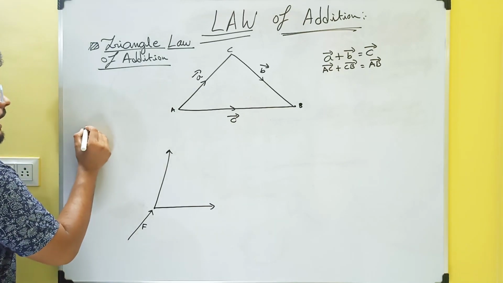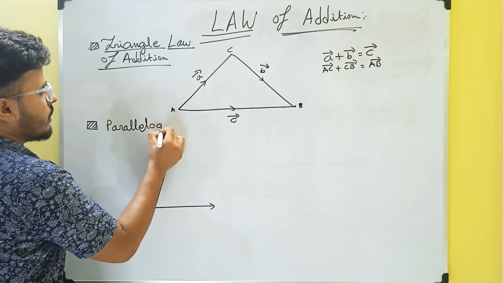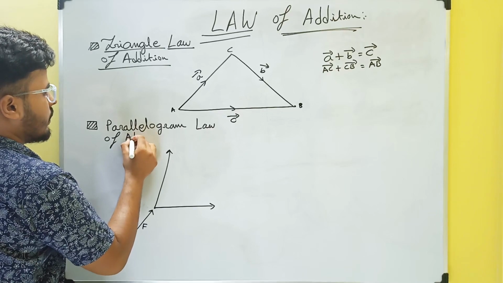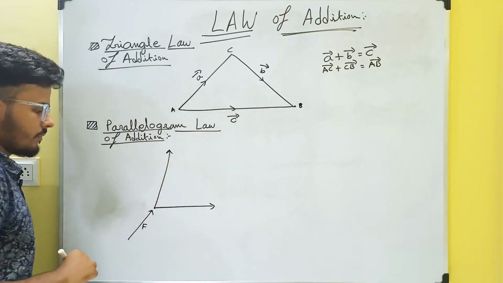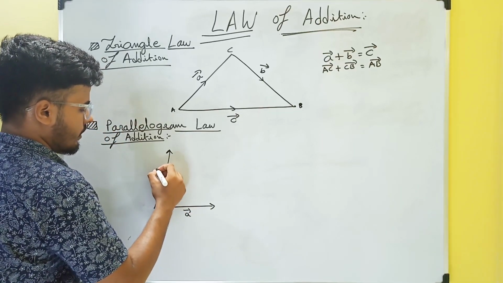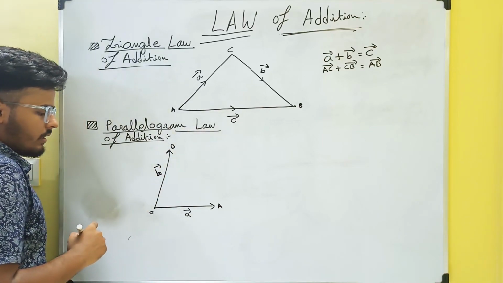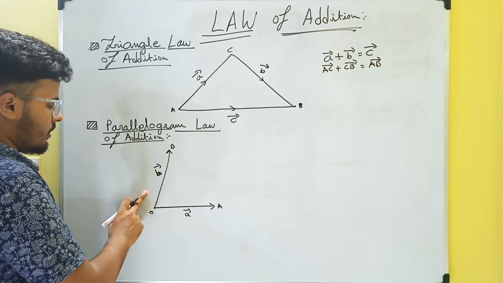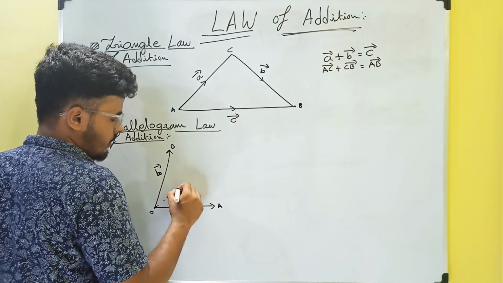We can measure it by another law which is called the parallelogram law of addition, which says, let's say this one is vector A, this one is vector B, this is point O, this is point A, this is point B. It says if there are two vectors whose initial points are the same, then the resultant will be like this, in this direction.